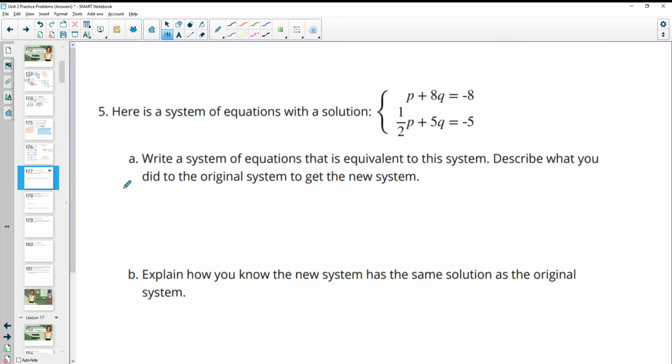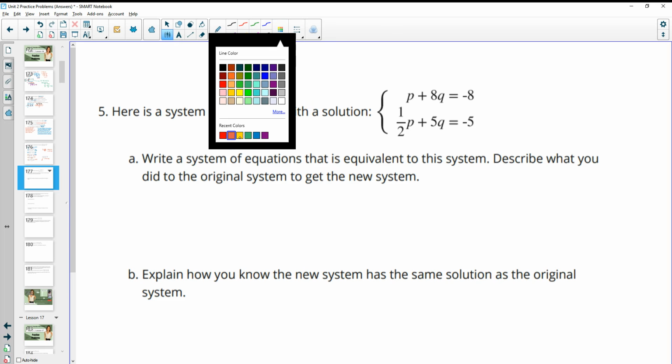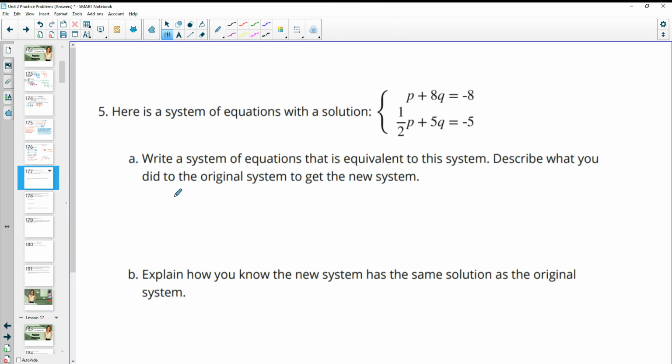All right, number 5, here's a system of equations. Write a system of equations that's equivalent and describe what you did. So this has a bunch of different things you can do. So the answer that I write down is not the only answer. So this depends on what you like to do. So for me, what stuck out to me first is this first equation has just a p variable, like 1p.